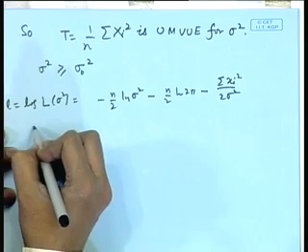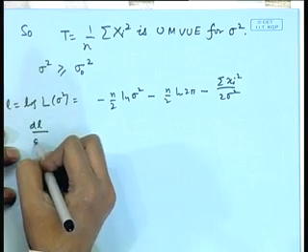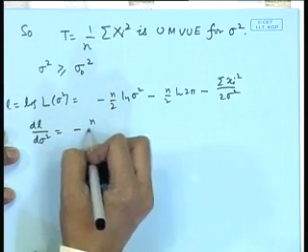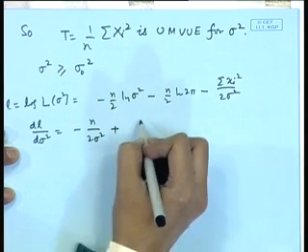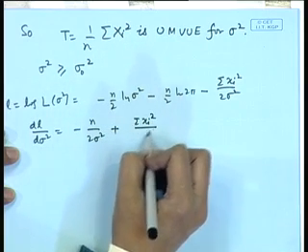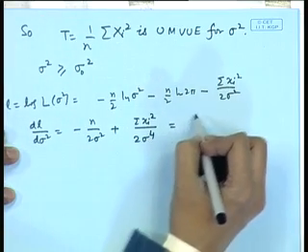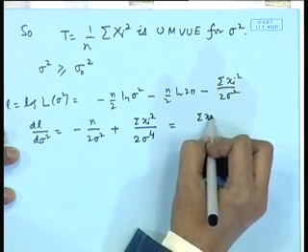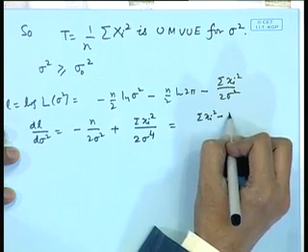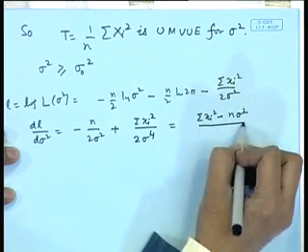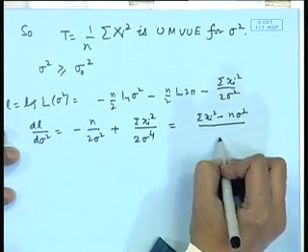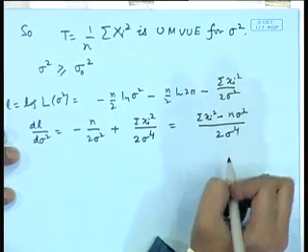So, if we differentiate this, dl by d sigma square, we get minus n by 2 sigma square plus sigma xi square by 2 sigma to the power 4, which is nothing but sigma xi square minus n sigma square by 2 sigma to the power 4.